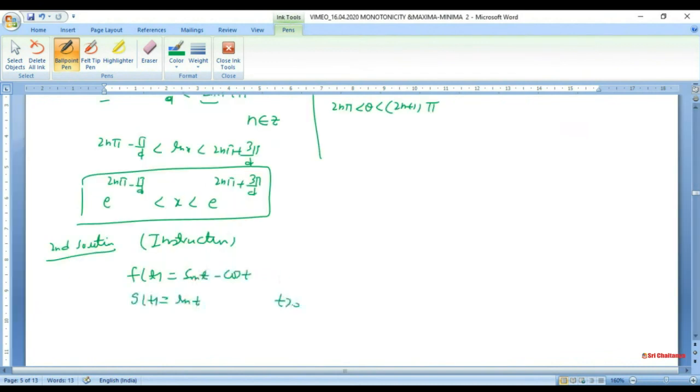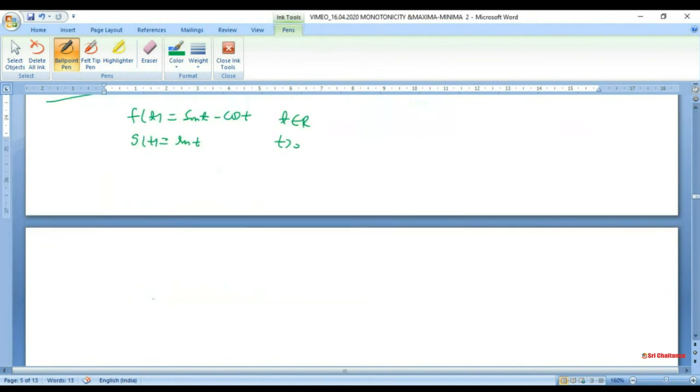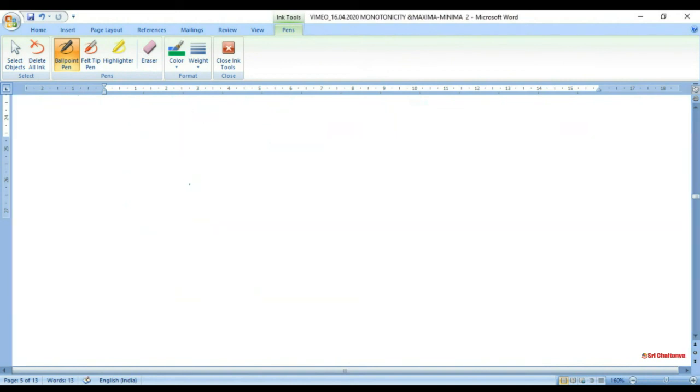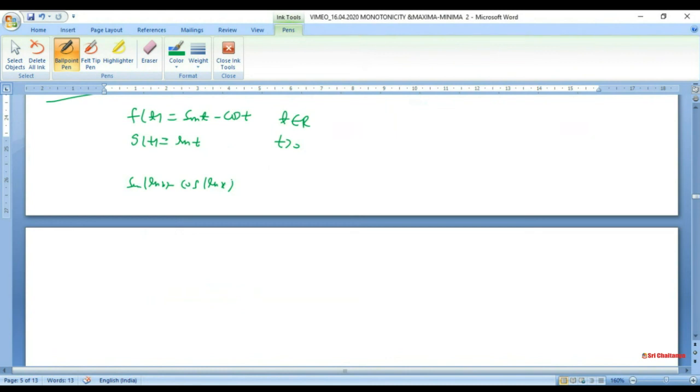Here t is positive, here t belongs to R. Now our function is given to be sin(ln x) − cos(ln x). So this is sort of the inner function, and this is sort of the outer function. So g(t) is your inner function, f(t) is the outer function.